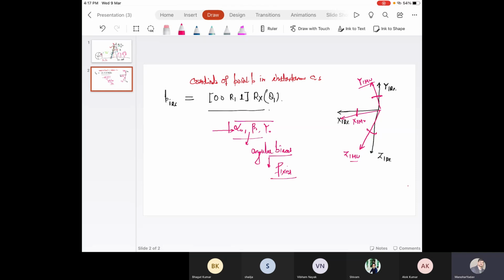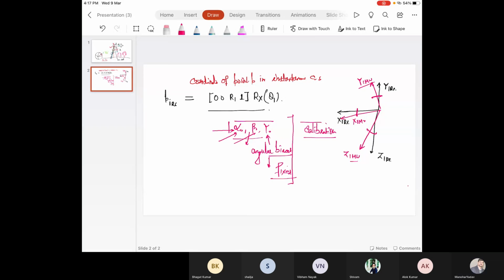Alpha naught, beta naught, gamma naught are fixed values. They do not change with respect to time. They are calculated by calibration, we'll discuss it. They are not measured by any sensor, because they are related to how we install the sensors. So they are the calibration parameters.